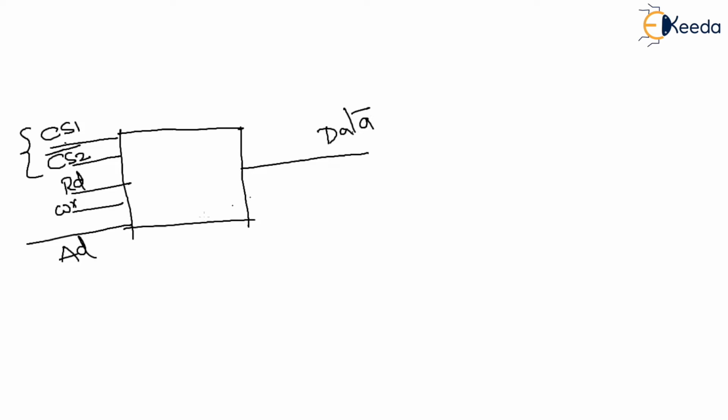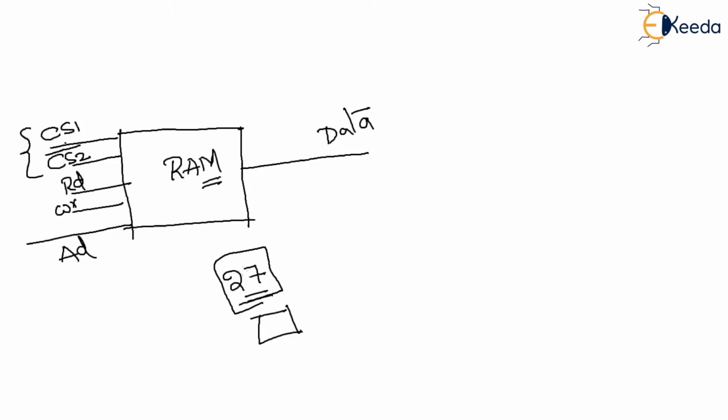Now we will understand the remaining things apart from CS1 and CS2. This is a RAM. Let us see that the CPU wants to read something which is available in the 27th address. CPU wants to read the data item available in the 27th address.